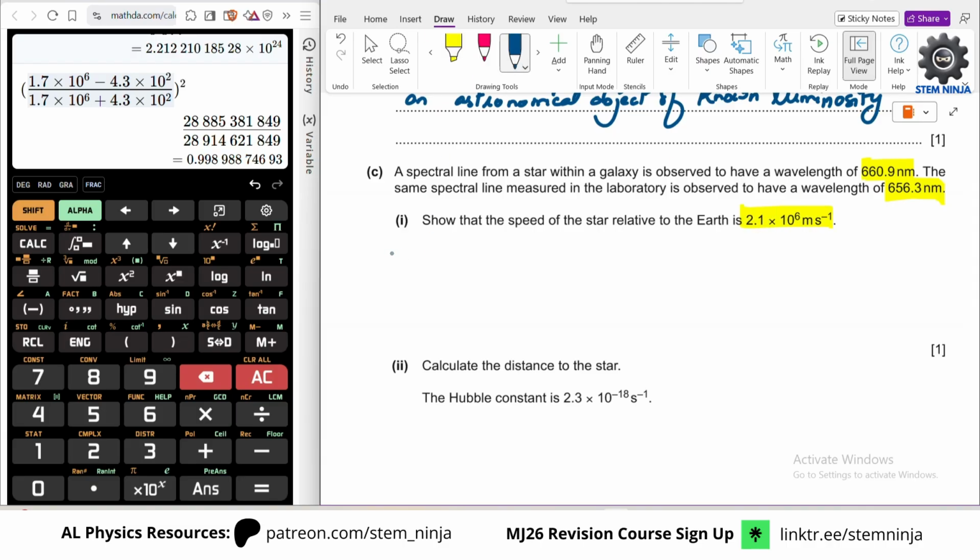Okay, so first off, that means we need the redshift. So we need the speed of the star, so we need difference in wavelength over wavelength times speed of light.